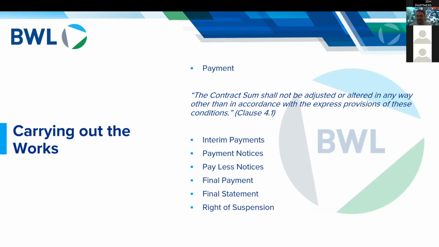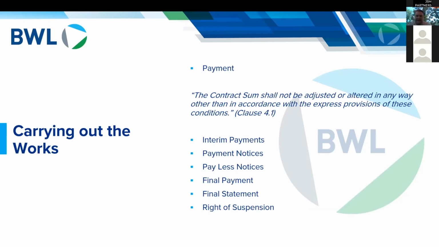On the assumption that, subject to minor defects, everything is done, the employer or the developer then issues the practical completion certificate. There starts the defects liability period, which is 12 months, sometimes 24 months. Once you're in that phase, you can then start to debate, and I call it debate, the final account.